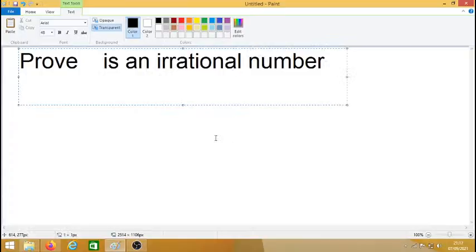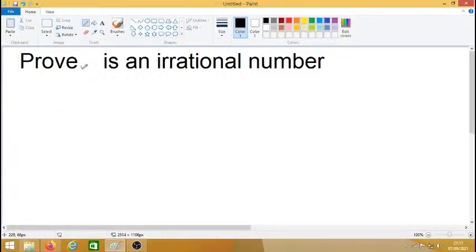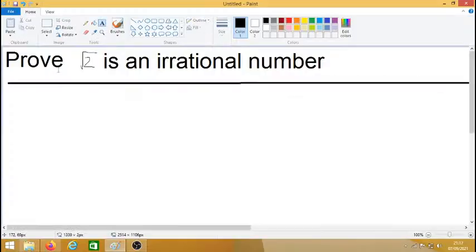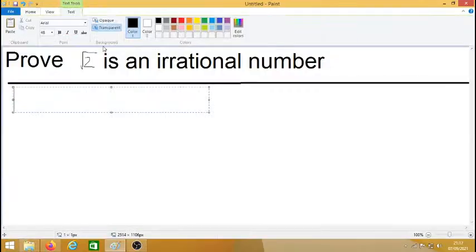So we start with the opposite of what the question is telling us. Prove root 2 is an irrational number. I'm going to start with my first assumption that I'll hopefully then show is wrong, which is the opposite. What's the opposite? Let's assume that root 2 is a rational number.